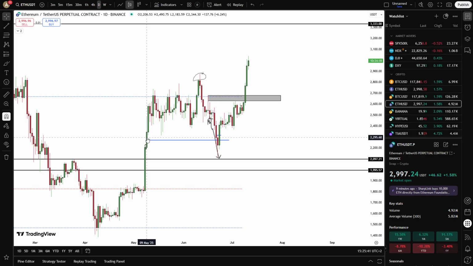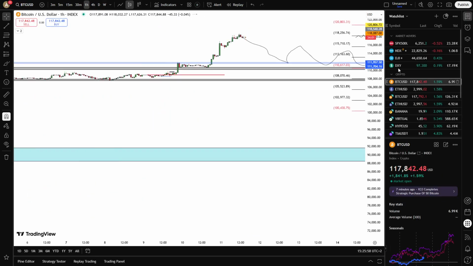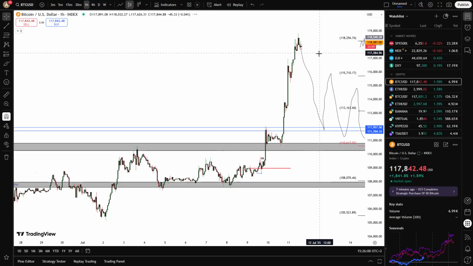Because I quite vividly remember that BTC was already ranging here. BTC was ranging here, and then ETH had one final move towards the upside before we started to get in that range. So I now think it's time for BTC to form the range, right?